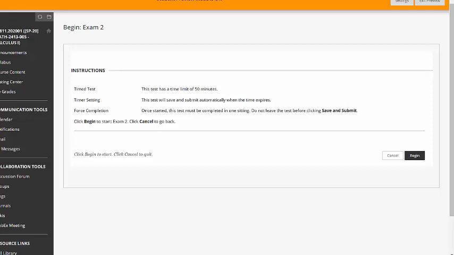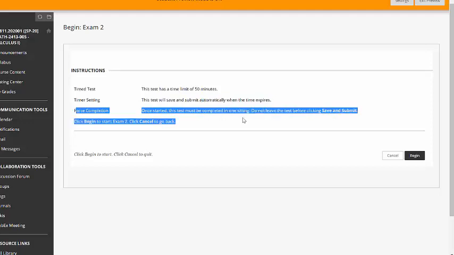As you recall, there was a 50-minute time limit. That will be true for exam 3. This test will save automatically when the time expires, so some of you ran into that. That will be in place next exam. One thing that will not be in place is the forced completion. That was if you accidentally exited out of the browser, or if, say, your computer shut down, it would go ahead and submit the exam.